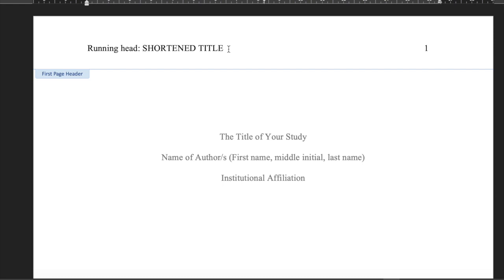Your shortened title should be short in the sense that it only occupies one line. Do not allow there to be two lines for your shortened title.